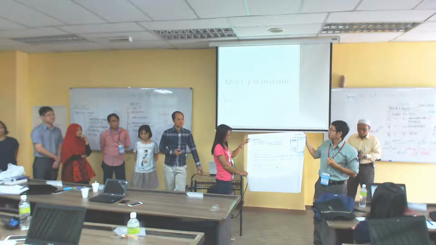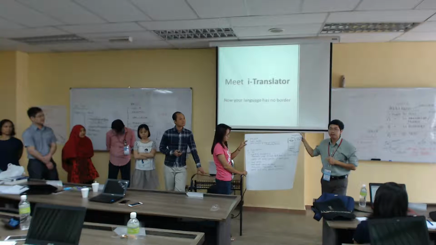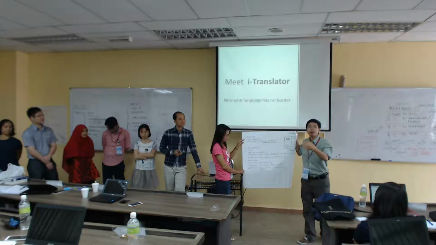Okay, so what about the translation? We divide it into sub functions. The first one is when we want to talk to the local people, and the second one is when the local people talk to us. For the first one, the first step is to speak to microphone one.